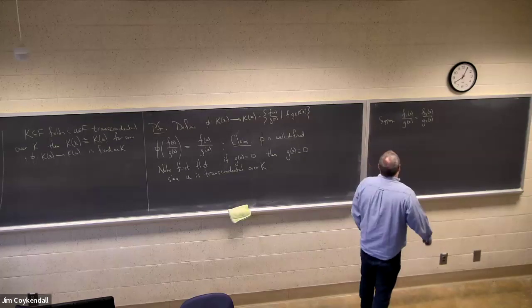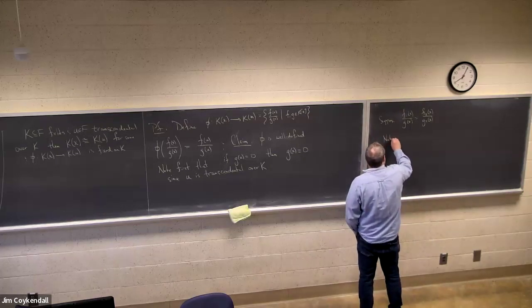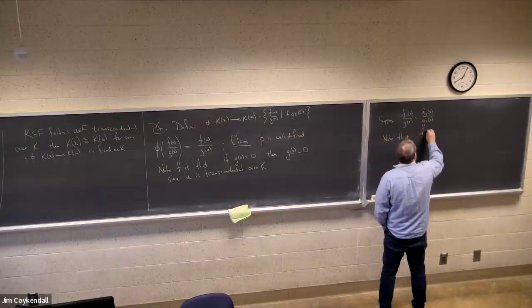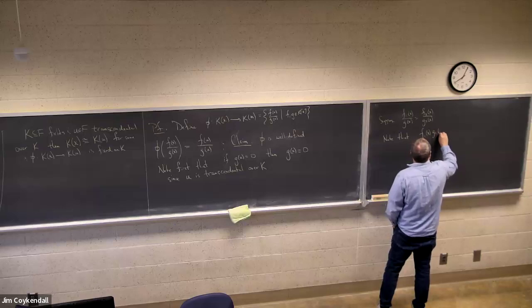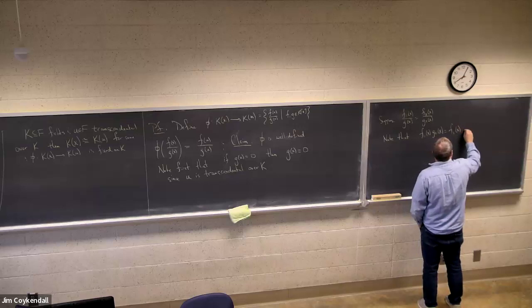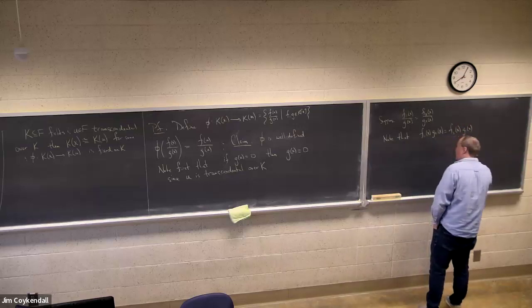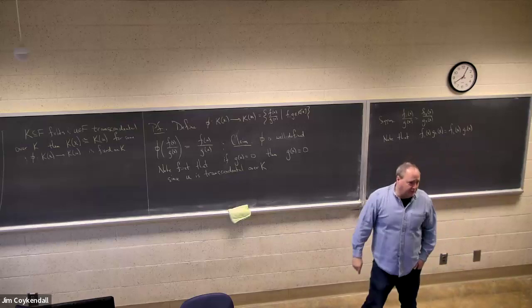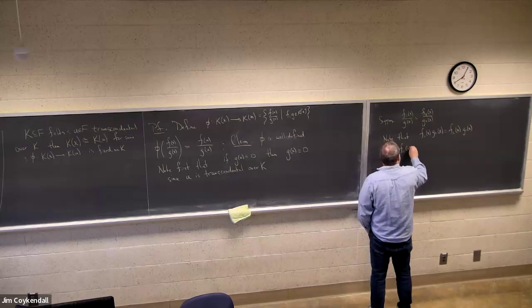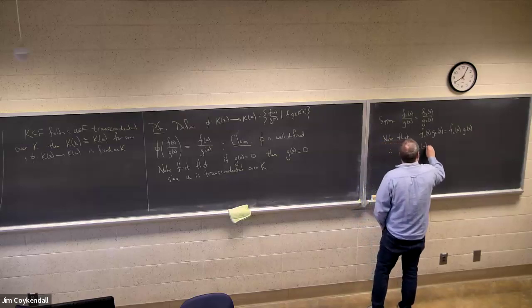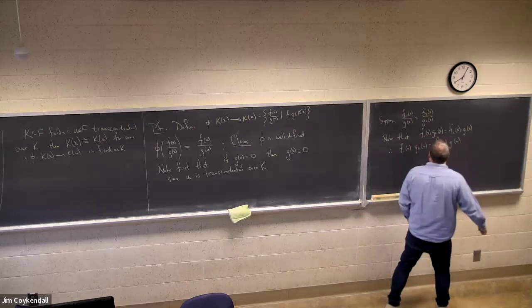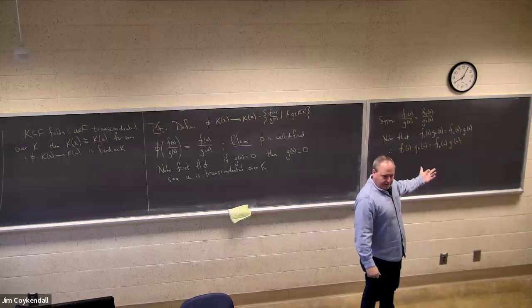Then note that that certainly must be the case. Therefore, f1 of u, g2 of u equals f2 of u, g1 of u, because these are all polynomials, right?